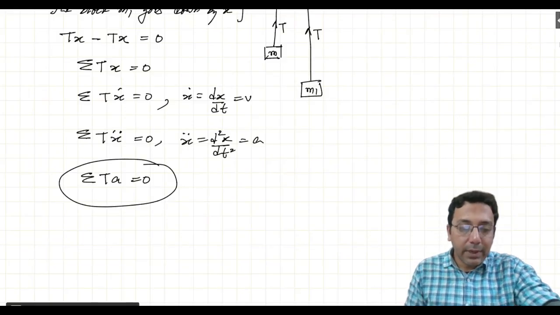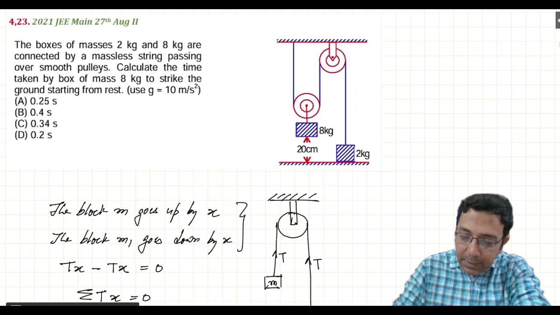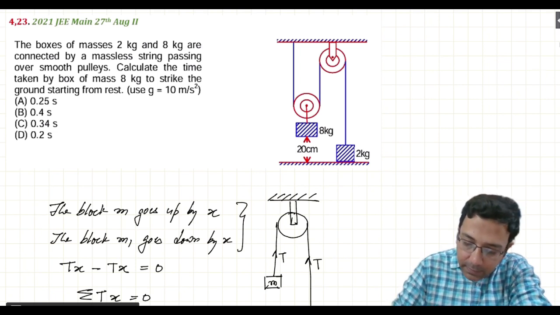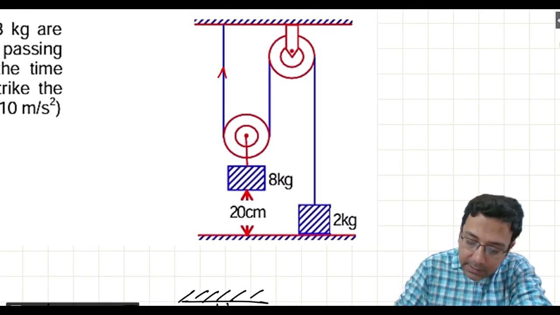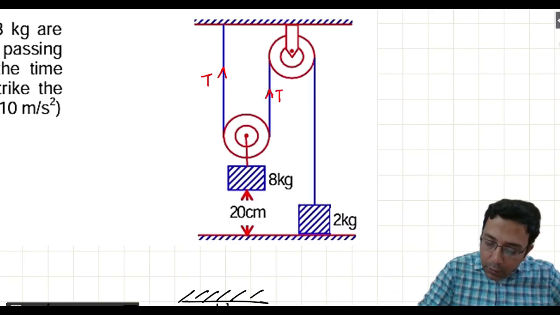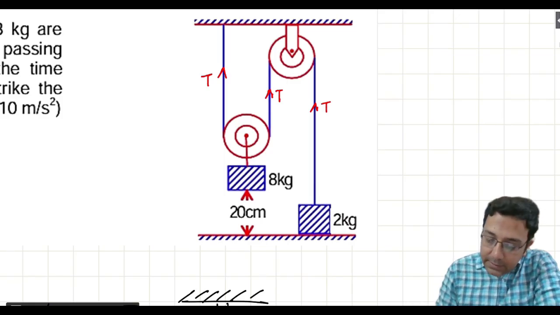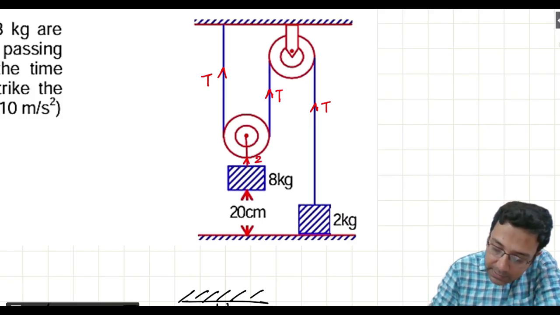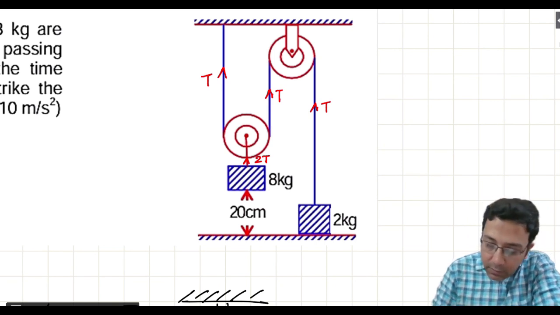Okay, so what we can write, in this particular sketch, let me say that if this is T, this is also T. Out here also this is T. Now if that be the case, then out here we can make it 2T. And let's say this is going down.